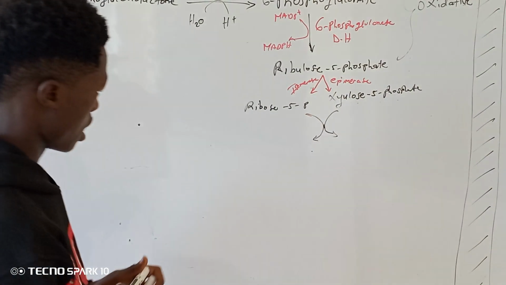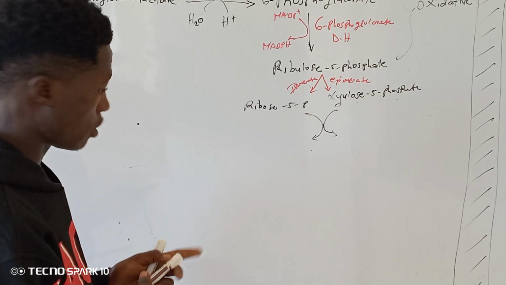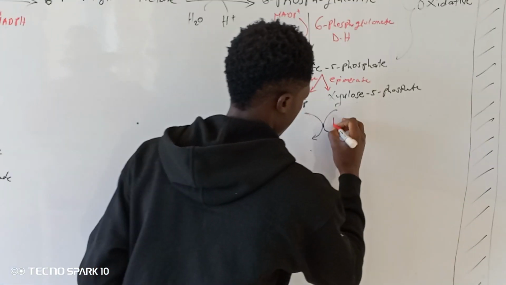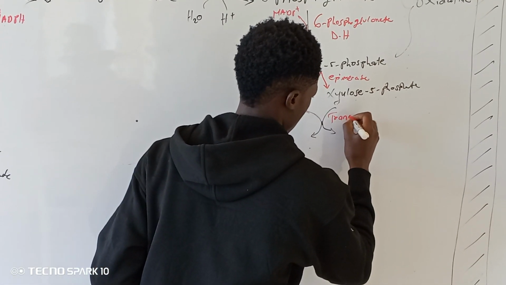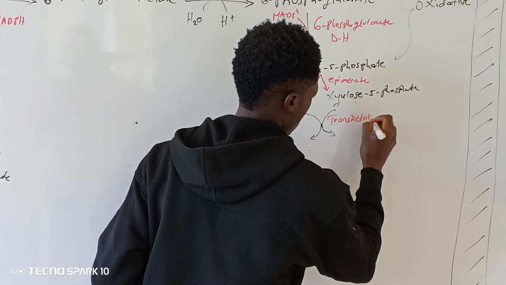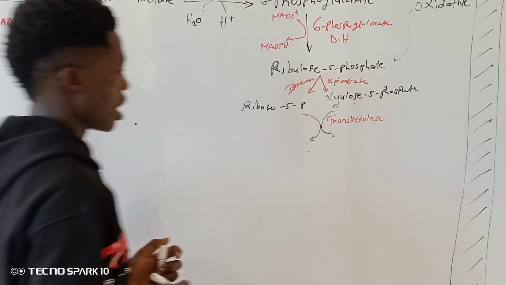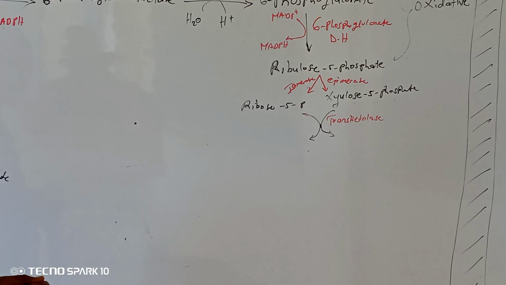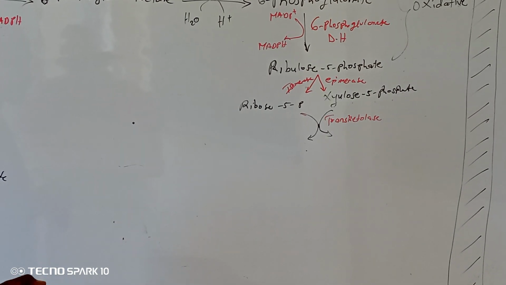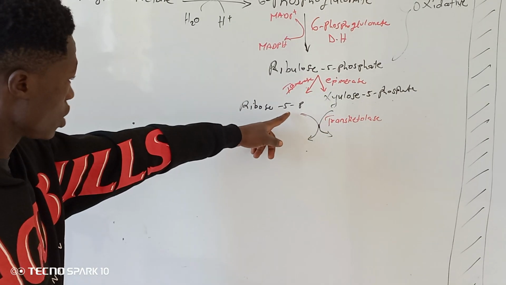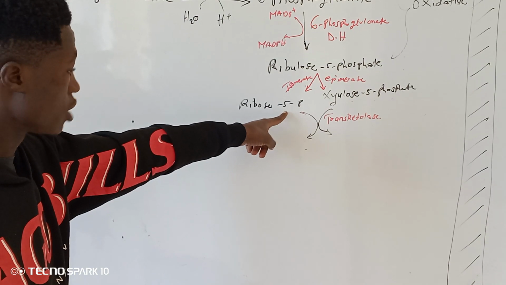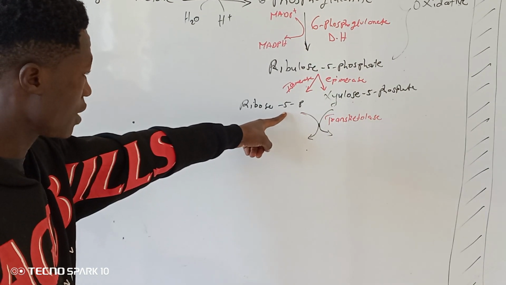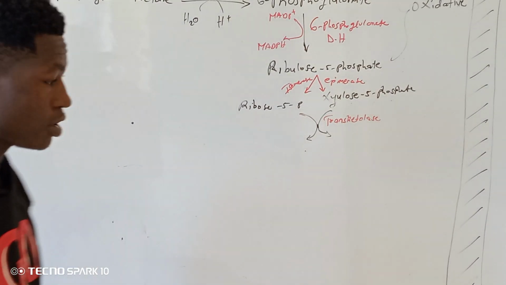This is in the presence of an enzyme called transketolase. So, what is this enzyme going to do? This enzyme is going to take 2 carbons from ribulose 5-phosphate and add it to xylulose 5-phosphate.